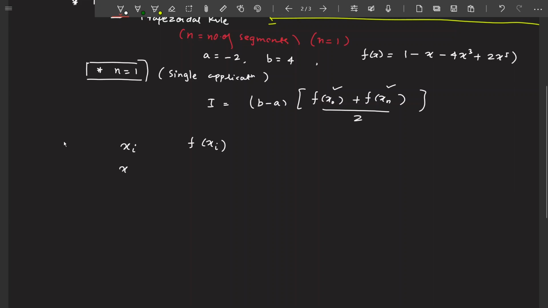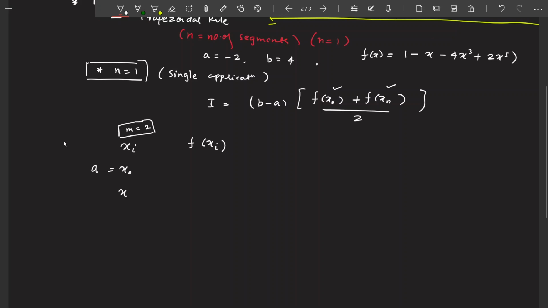So let us talk about x0. What is x0? x0 is nothing but the starting point, that is the lower limit, that is a. Now here in this problem we don't have points in between. So directly we'll jump on to the number of points here, n plus 1, that is m is equal to 2.